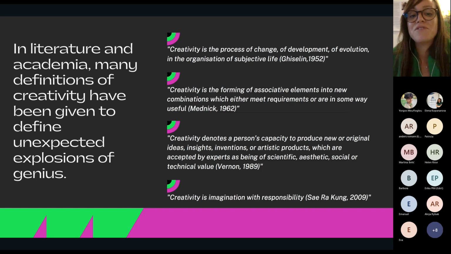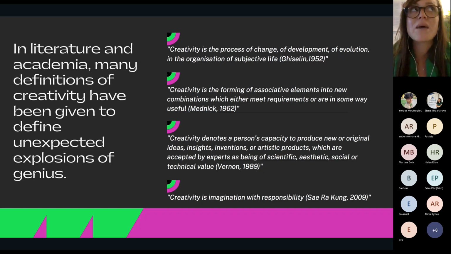There are many definitions of creativity in literature and in academia. For example, we can take the Renaissance, which was really an example of a period of growth of ideas, with an explosion of ideas associated with the interaction of different disciplines of humanity, like art and science together.